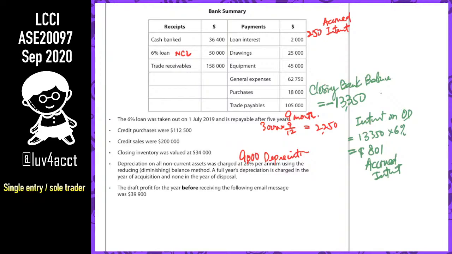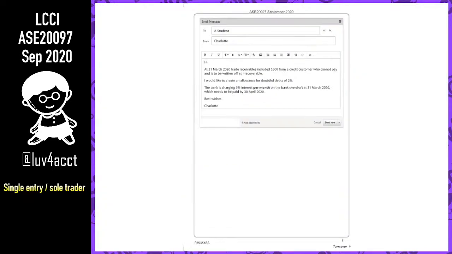We have two accrued interests. So, trade and other receivables first. We have credit sales of 200,000, and trade receivables receipt is 158,000, and then 500 as irrecoverable debt.